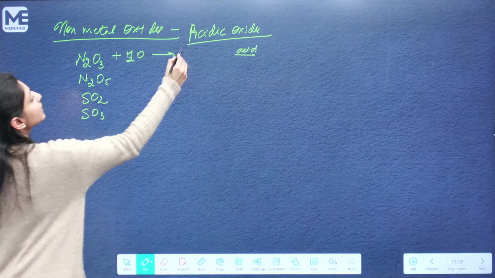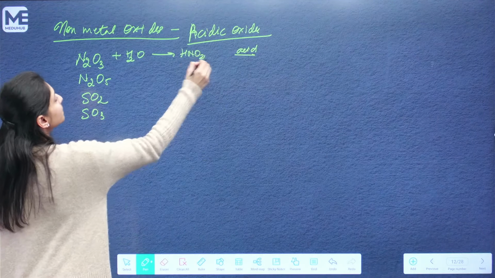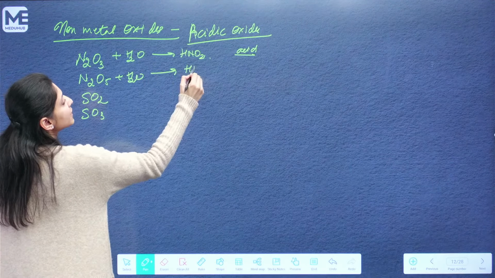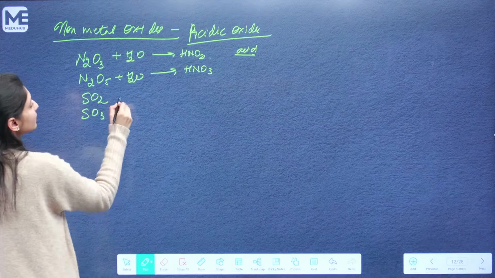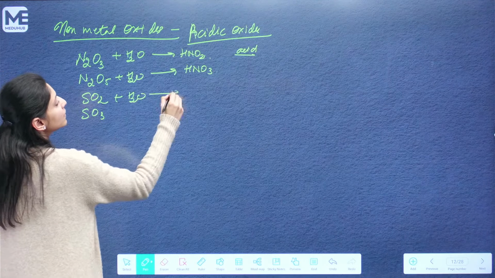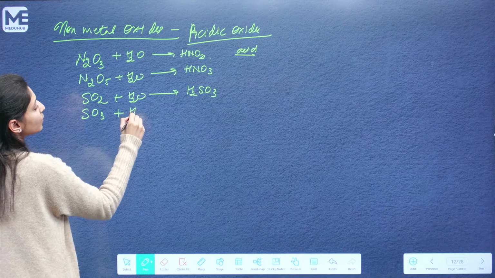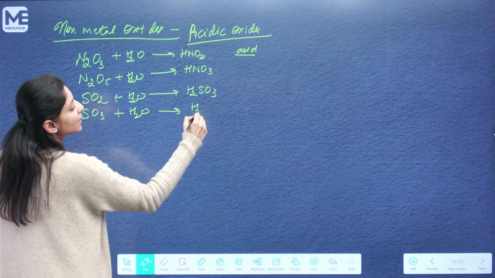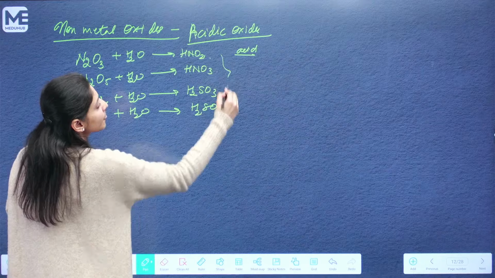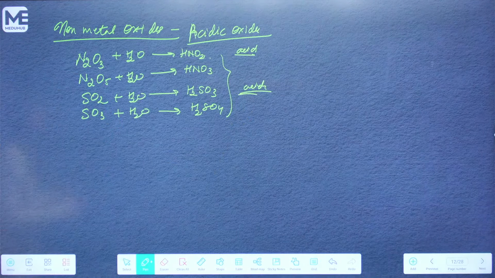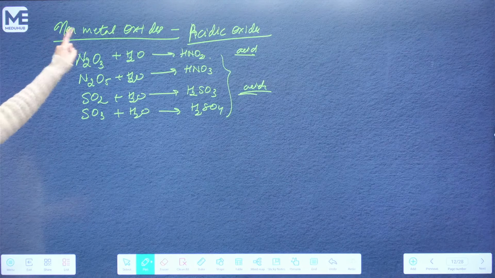So N2O3 gives HNO2, N2O5 with water gives HNO3, SO2 with water gives H2SO3 and SO3 with water gives H2SO4. All these are acids. So oxides which give us an acid in water are non-metal oxides.